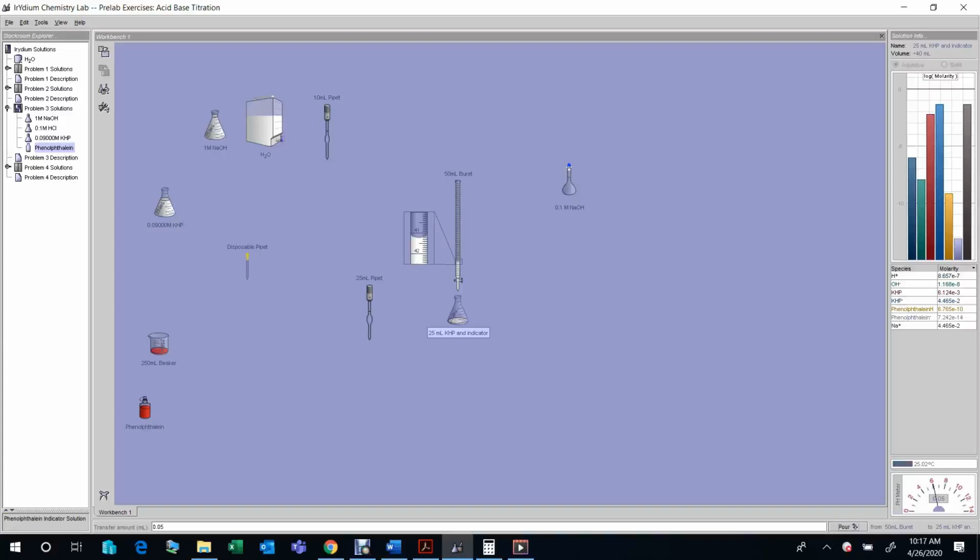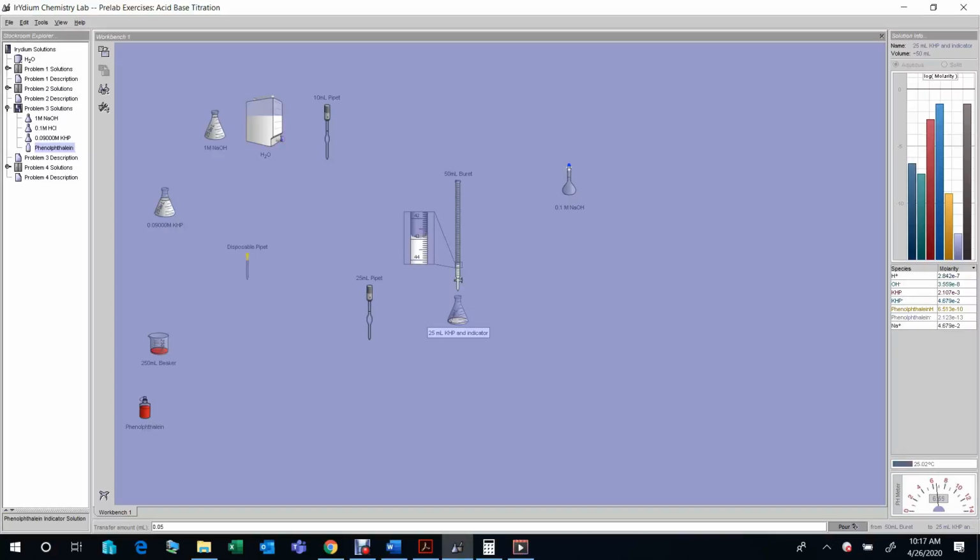You see this, as I click pour, the solution level decreases. We need to pay attention to when the color changes.